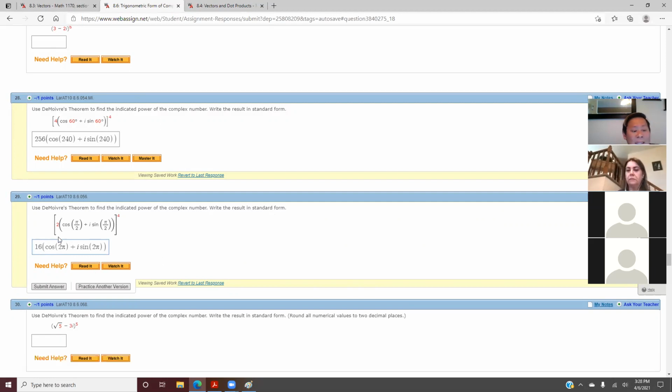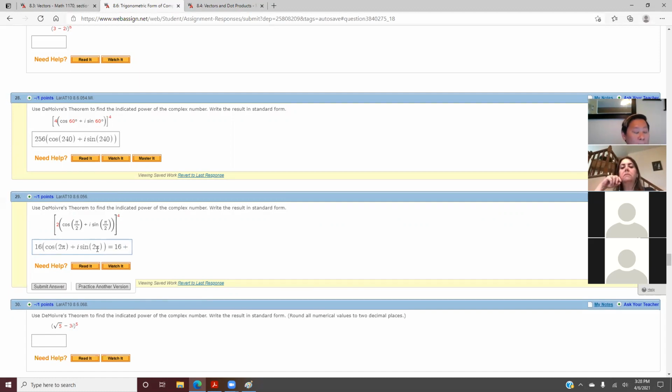What is 16 times cosine 2 pi? Make sure you've got your mode right. Cosine 2 pi is a whole 360, so cosine 2 pi is 1. So this is actually 16.